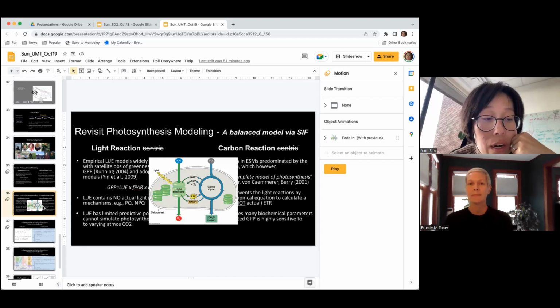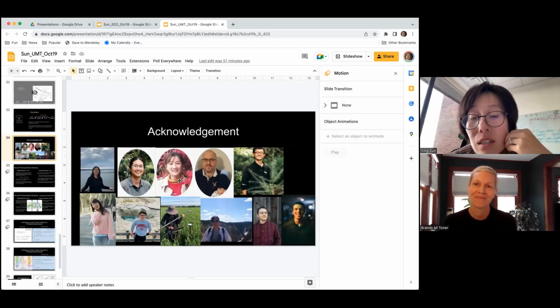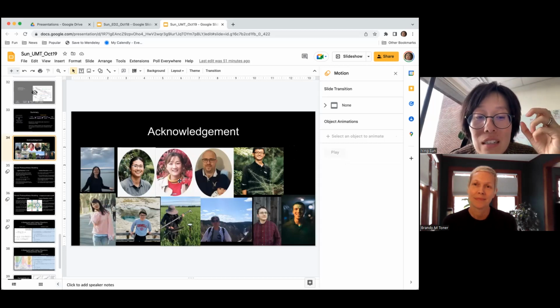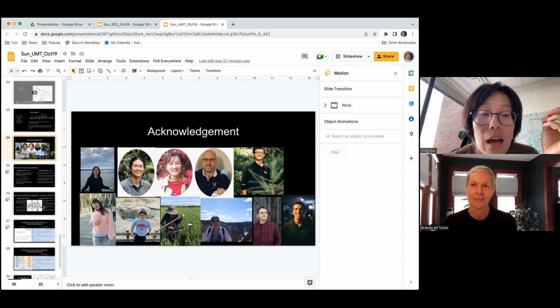So Jimei has been taking hundreds of measurements in our Cornell Botanical Garden, and then fitting all those A-Ci curves to get all the photosynthetic parameters and fluorescence parameters in order to validate our model and our theory.